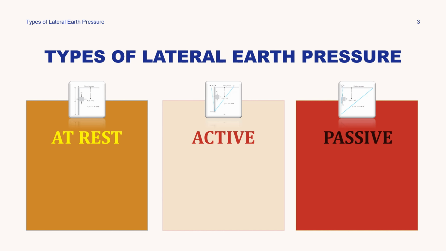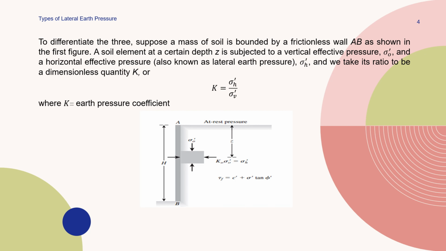Continuing with the discussion, we will go now to the types of lateral earth pressure. We have three types: at rest, active, and passive. To differentiate the three, we will do an analysis.